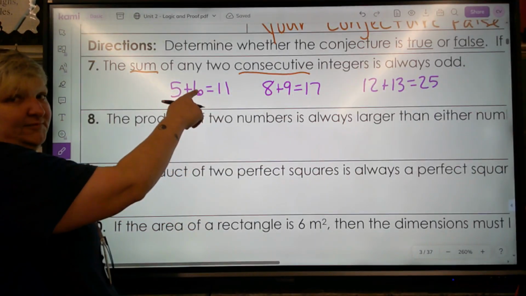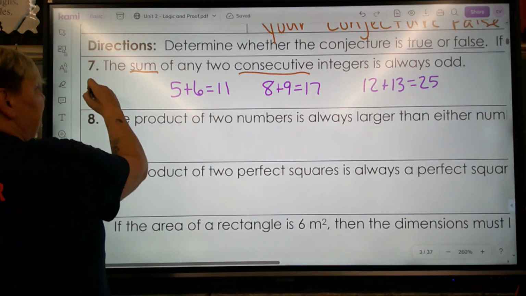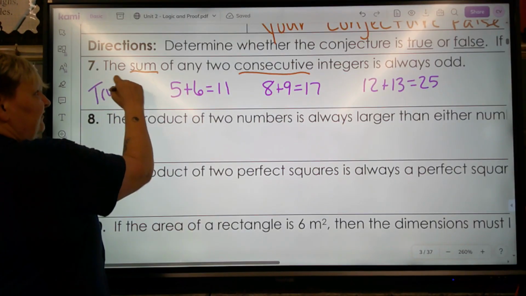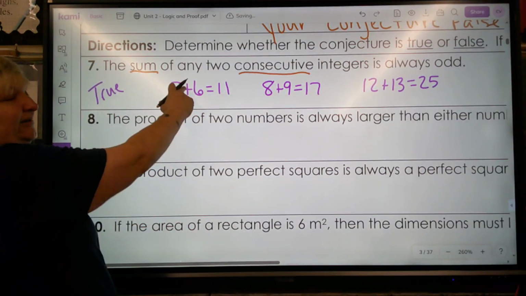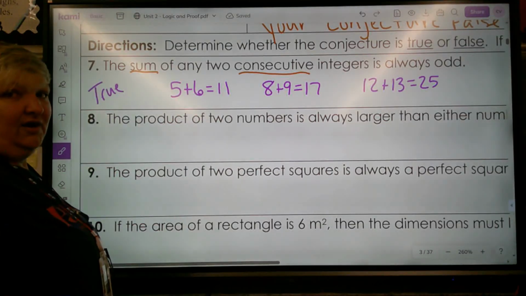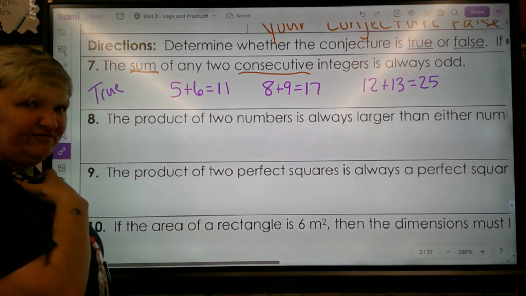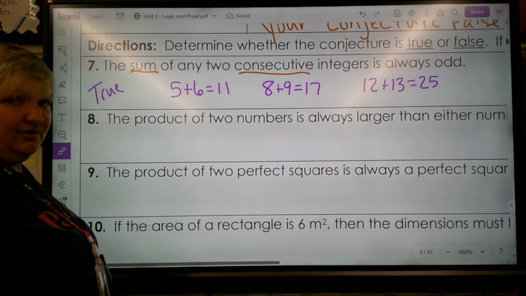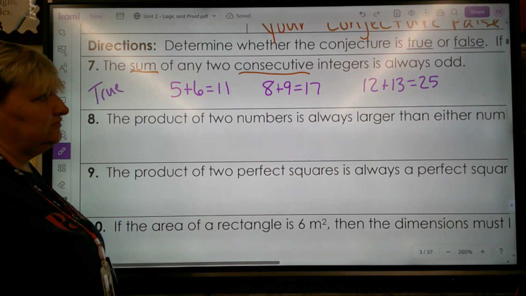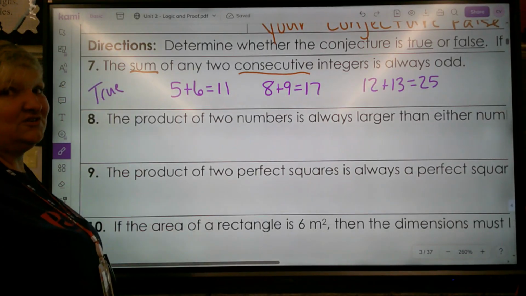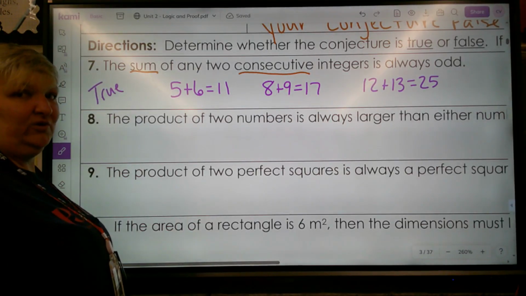Unless you can find something that proves it false, you have to go with true. You could try this as many times as you want until you feel comfortable that it's true. If it sounds false, keep trying until you find one that proves it false.